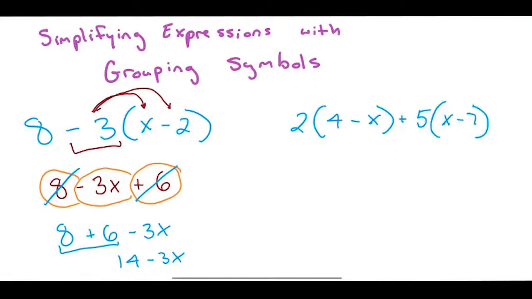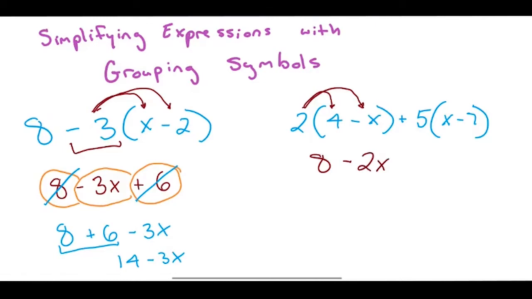All right, so if we come over here to the second problem, I'm going to do the distributive property again with the 2 times 4 and 2 times -x. So what that's going to do is make this 8. So 2 times 4 is 8, and then 2 times -x is -2x.